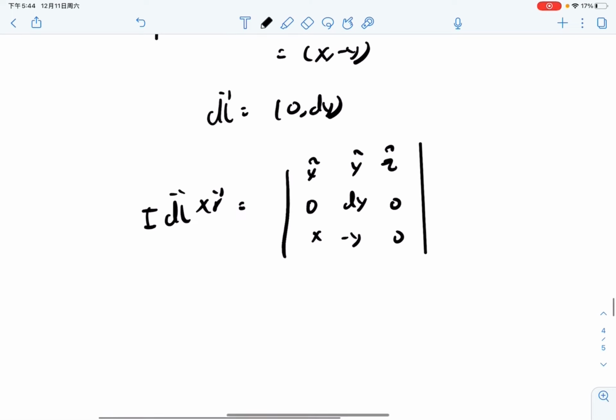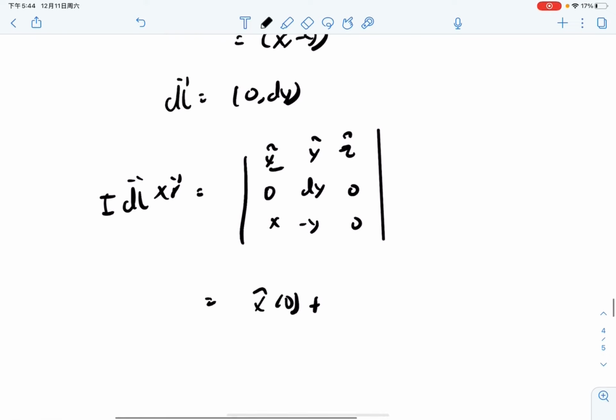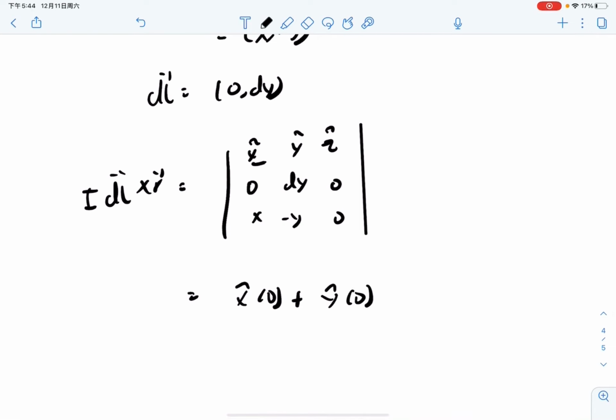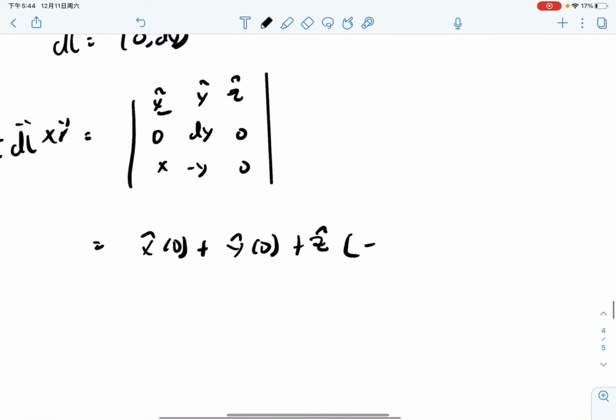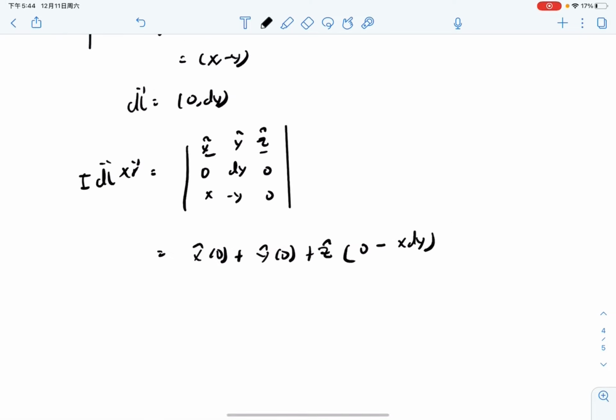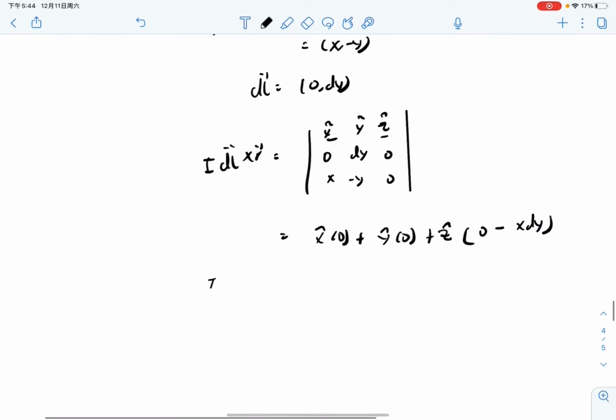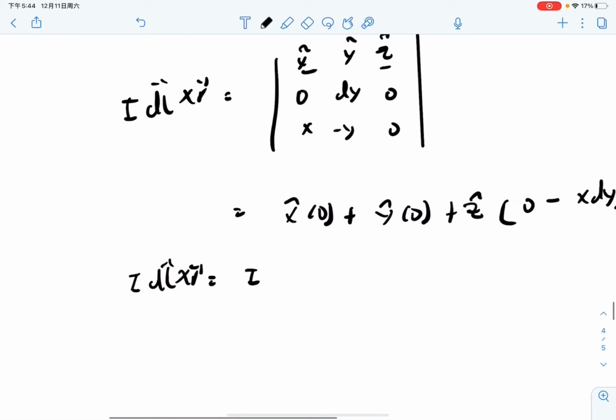Now you have the z component, which is negative x dy. So I dl cross r is equal to I negative x dy.